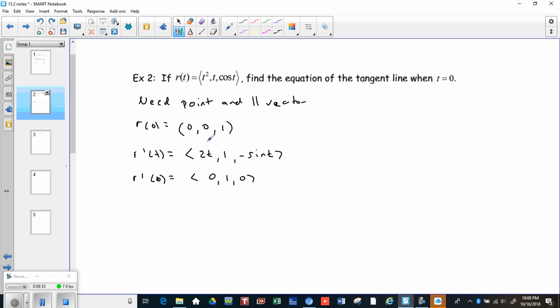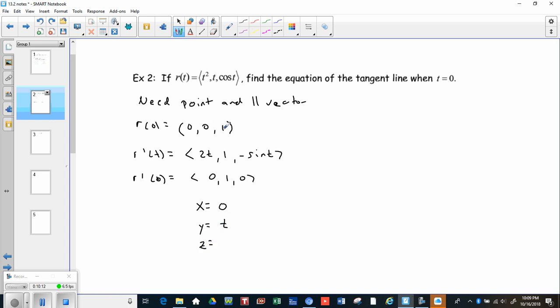Now we're going to write the equation of our line. We're going to write this in parametric form. Again, you could write it in parametric or you could write it in vector form. Probably don't really want to mess with symmetric form in this case. So in parametric form, x is going to be our starting point 0 plus, in this case, no change in t, so it's just 0 always. y is going to start at 0, and I do have a change in the y direction of 1, so that's going to be 0 plus 1t, or just t.